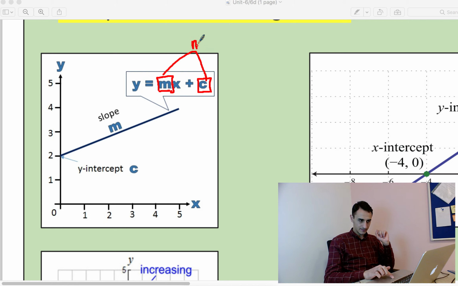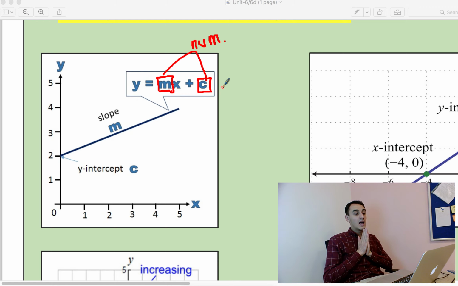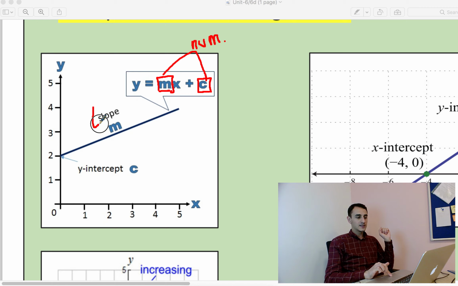They are numbers. Shortly I write NUM. They are numbers. They can be fraction, they can be positive and negative as well. Okay. Look what's written here. M, and it's written here slope.